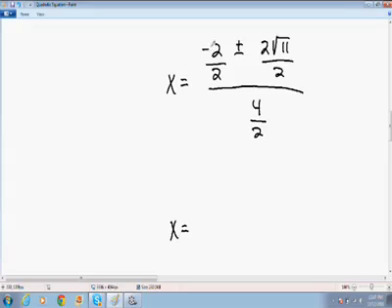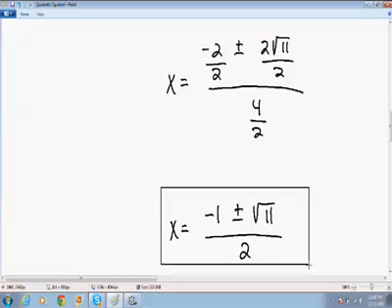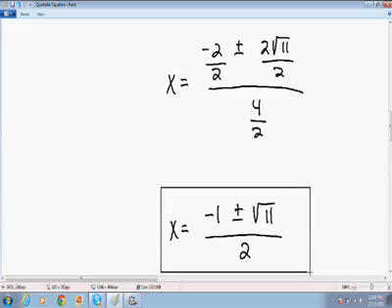Negative 2 divided by 2 is just negative 1, plus or minus 2 square root of 11 divided by 2. The 2's cancel out, so that just becomes the square root of 11, all divided by 4 over 2, and 4 divided by 2 is just 2. Now this equation cannot be simplified anymore. We have simplified it as much as possible, so this is our final answer.